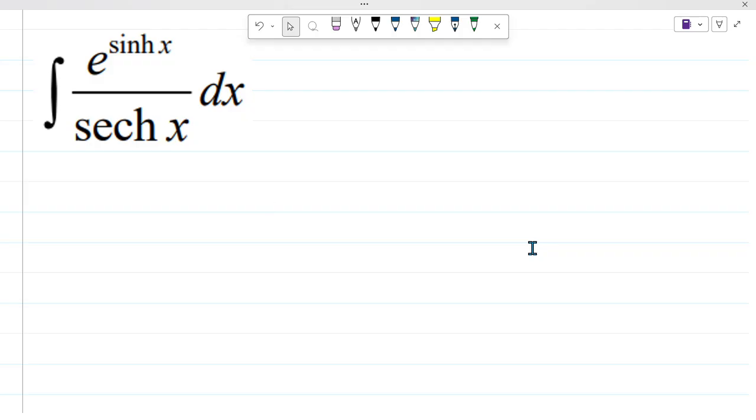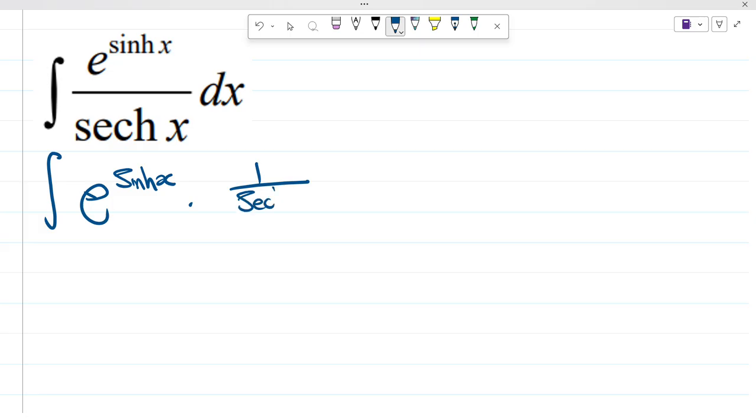So we can see that we have an exponential function, and we know that whenever we're integrating an exponential function, we must have the derivative of the exponent. So let's first rewrite this in a nice way so that you all can see what is happening. So here I'm going to write e to the power hyperbolic sine of x multiplied by 1 over hyperbolic sec of x dx.